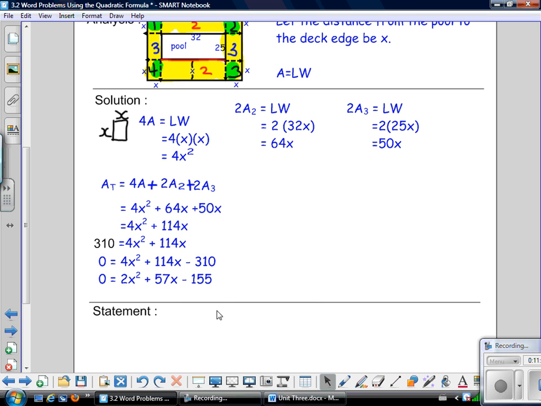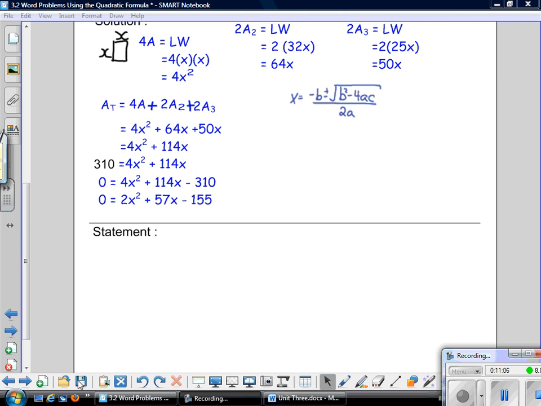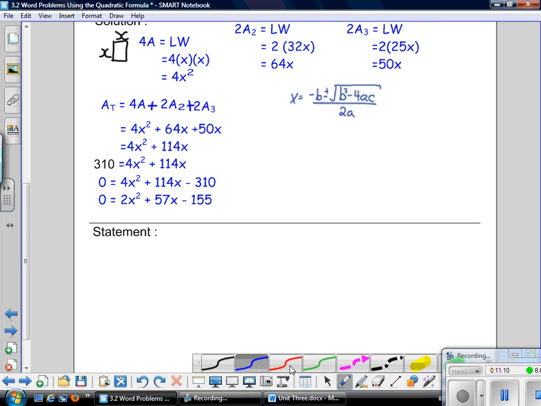Now, using our quadratic formula, we're going to substitute that information into it. And let's put our numbers in here now.